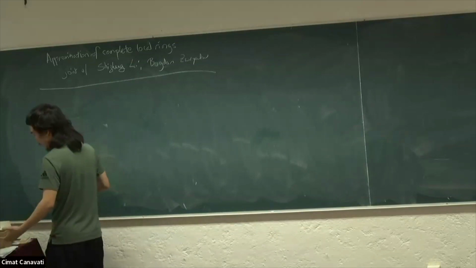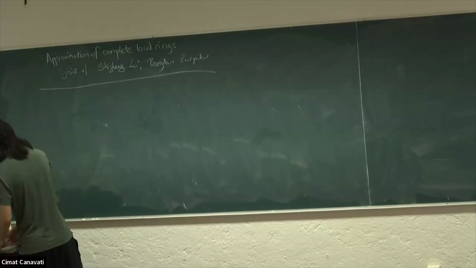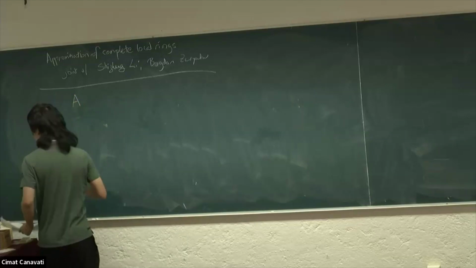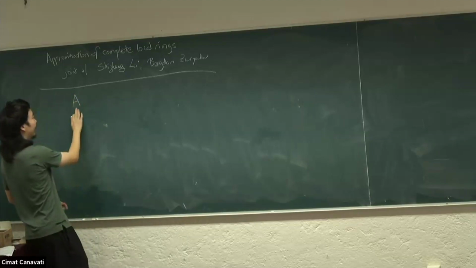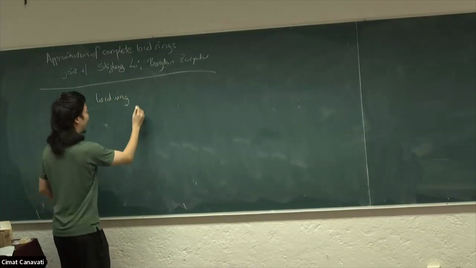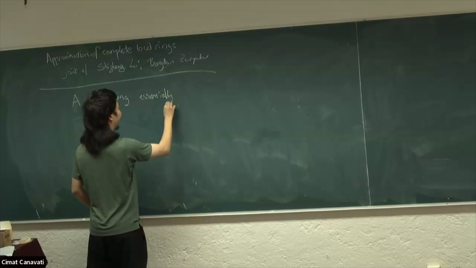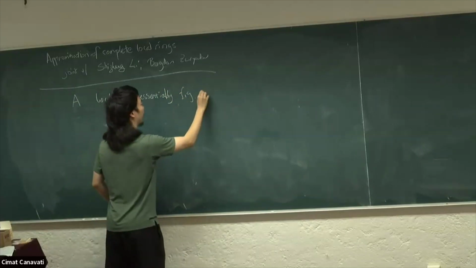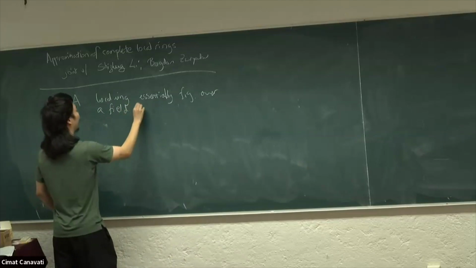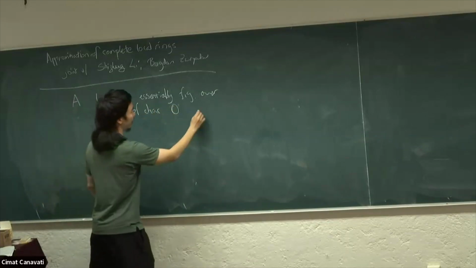So you read those theorems, and let's give some explicit situations to think about here. Let's say A is a local ring that is essentially finitely generated, or finite type, over a field of characteristic 0. And let's say it's normal.